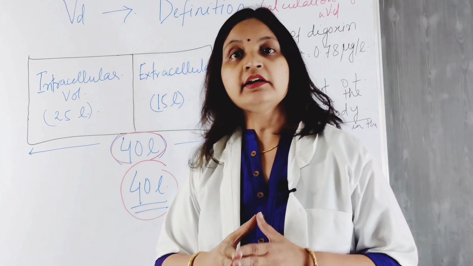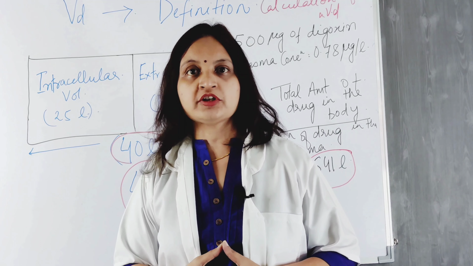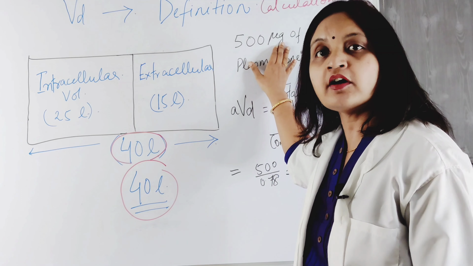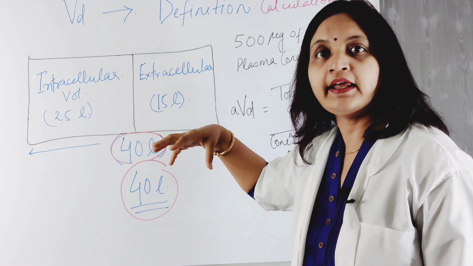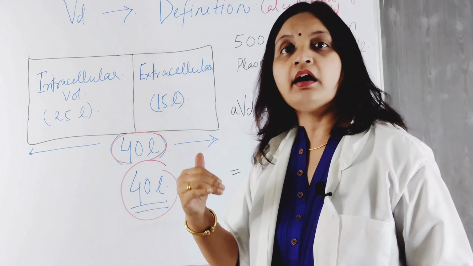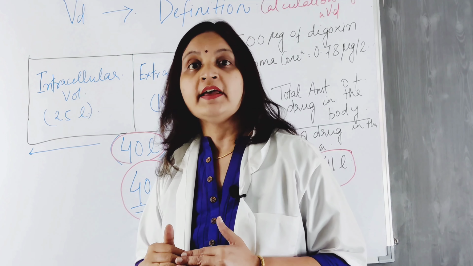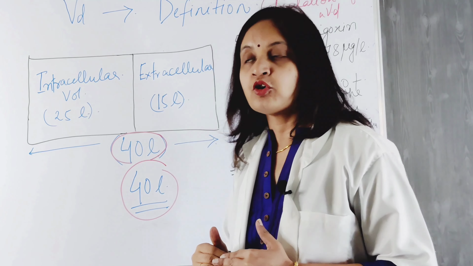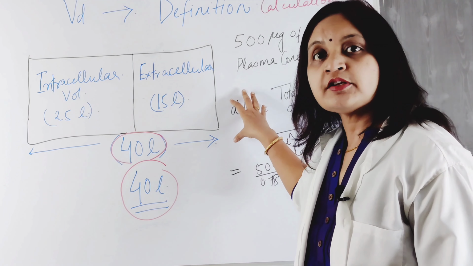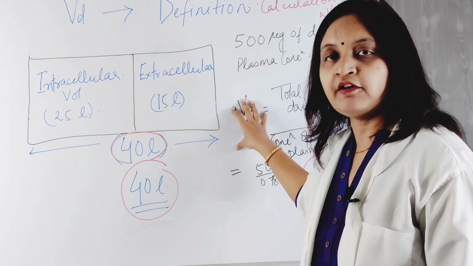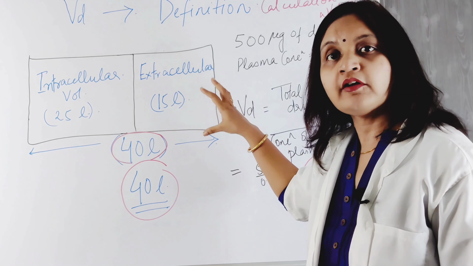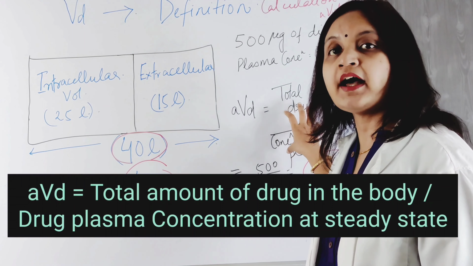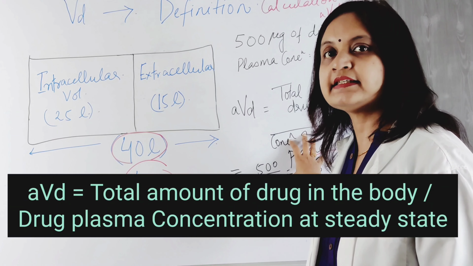So how do we calculate apparent volume of distribution? Let's say 500 micrograms of digoxin gets distributed in the body to attain a plasma concentration of 0.78 microgram per liter. The volume of distribution can be calculated using the formula: the total amount of drug in the body divided by the plasma concentration at steady state.